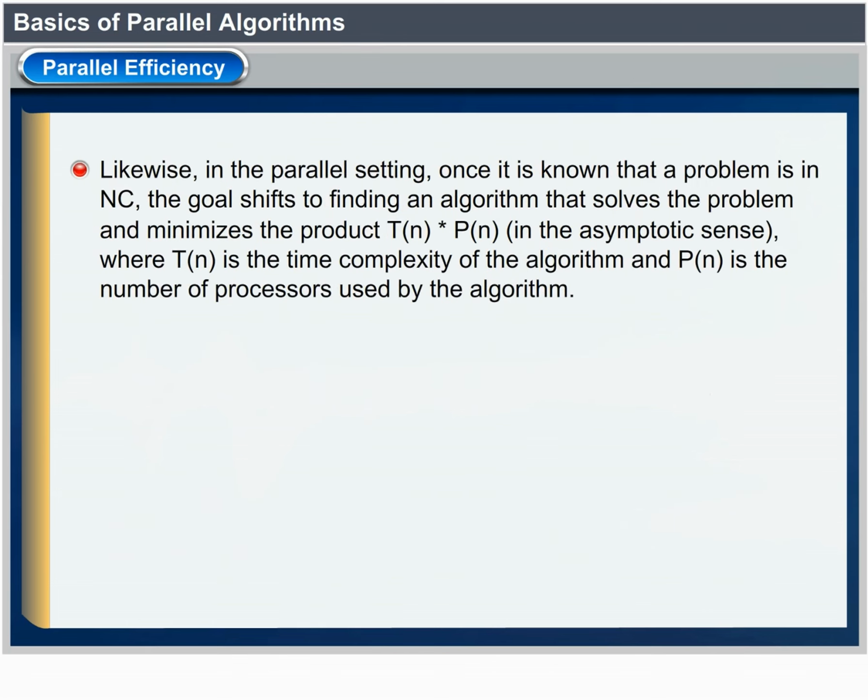Likewise, in the parallel setting, once it is known that a problem is in NC, the goal shifts to finding an algorithm that solves the problem and minimizes the product T(n) times P(n) in the asymptotic sense, where T(n) is the time complexity of the algorithm and P(n) is the number of processors used by the algorithm.